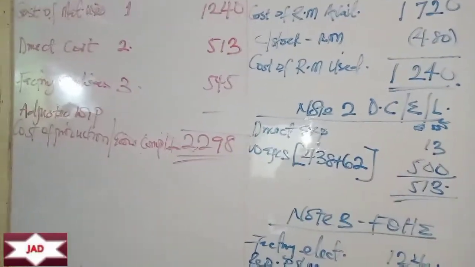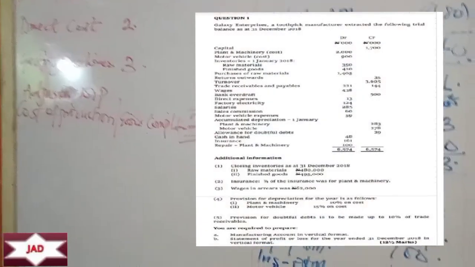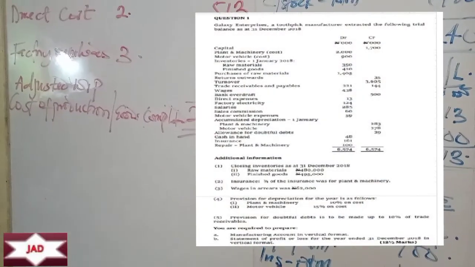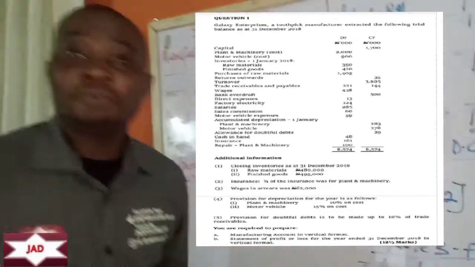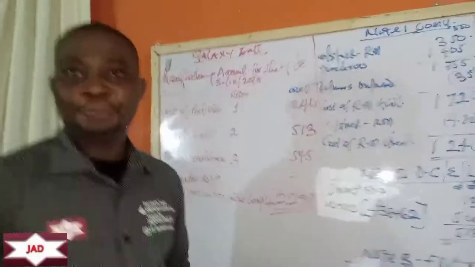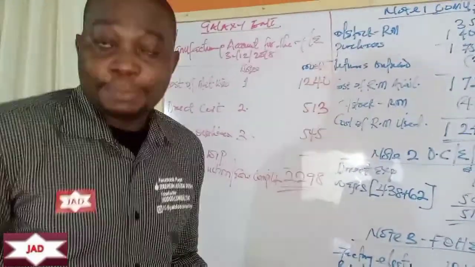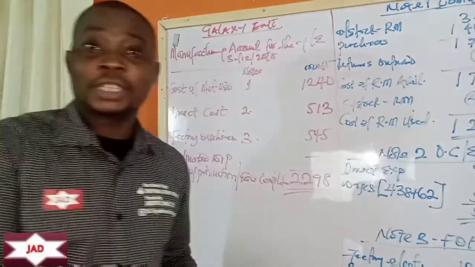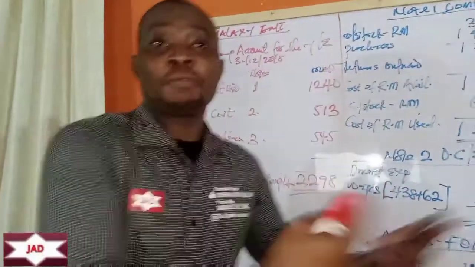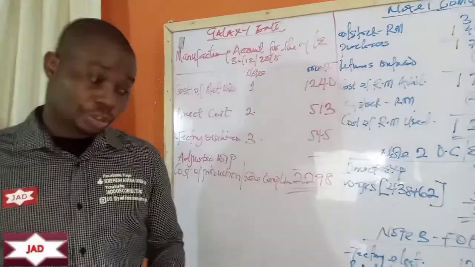So the next requirement saying that we should prepare statement of profit or loss for the year ended 2018. Like I said, after manufacturing, of course, you're not eating them, even if you tasted some while manufacturing, you're expected to sell. So what we're saying is that you have manufactured and then you've sold. So what is the profit or loss made from the product manufactured?